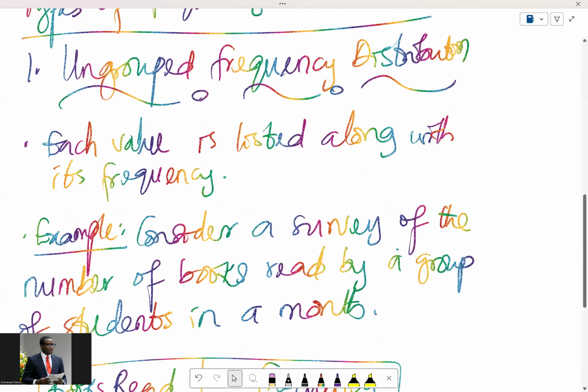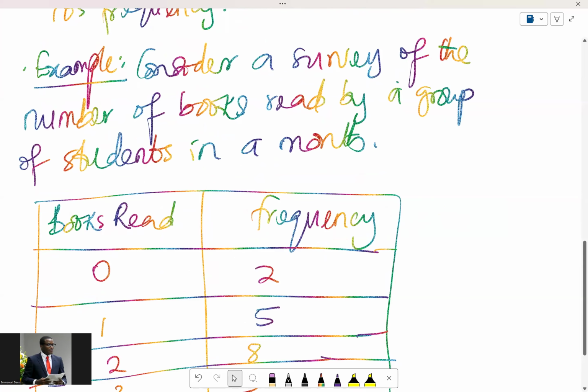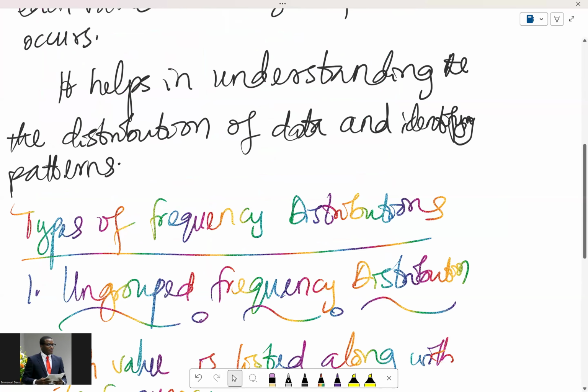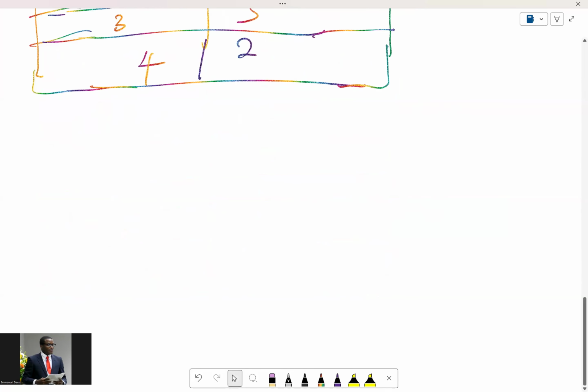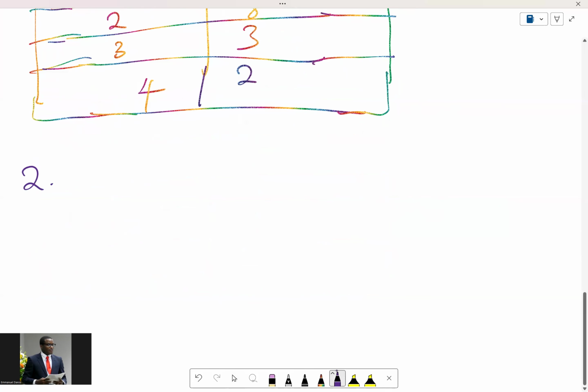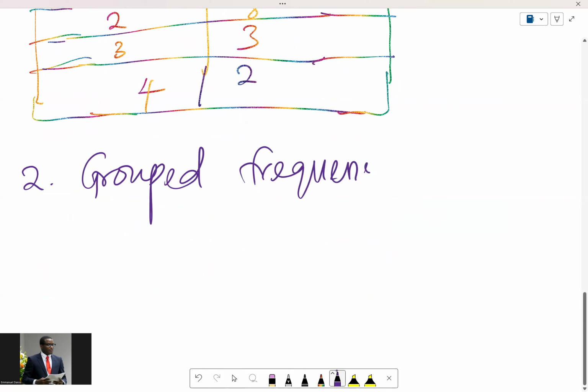So let's move on to grouped frequency distribution. We've talked about ungrouped frequency distribution, so now grouped frequency distribution.